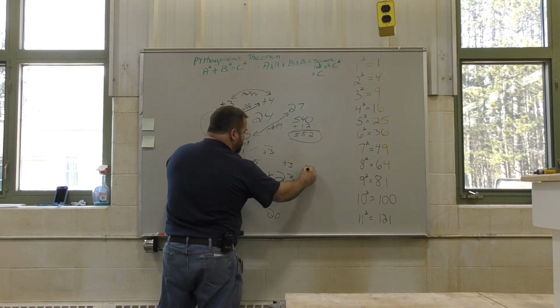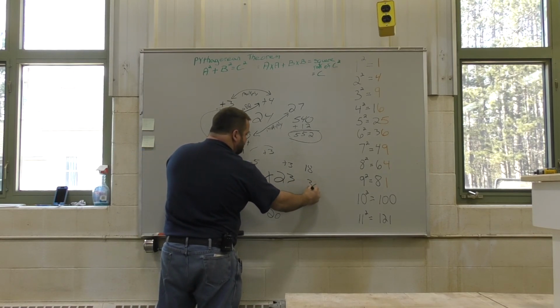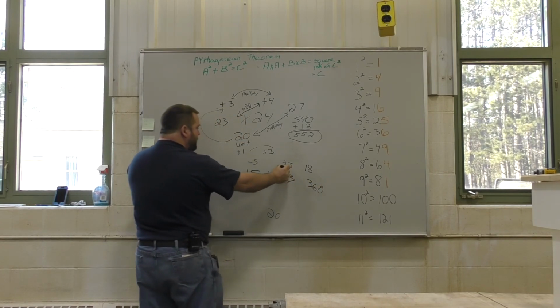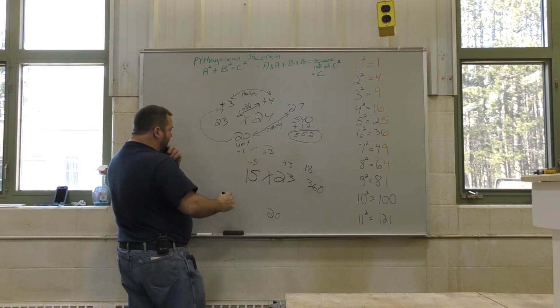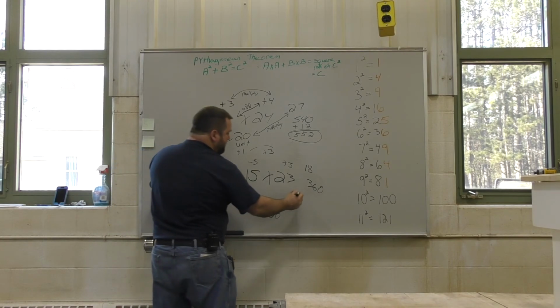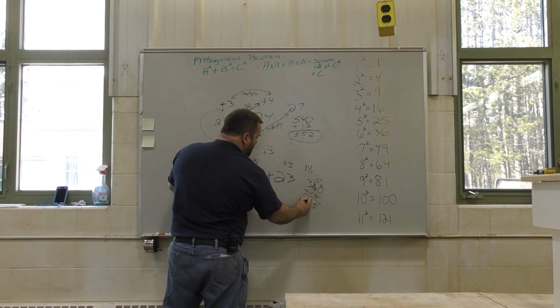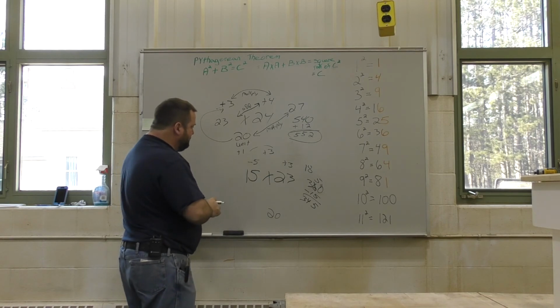So now you have 18 times 2, end up at 36, add a 0, 3 times a negative 5 is negative 15. Subtract those, you get 345.